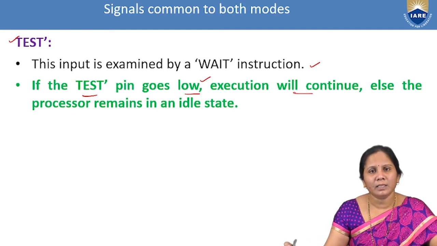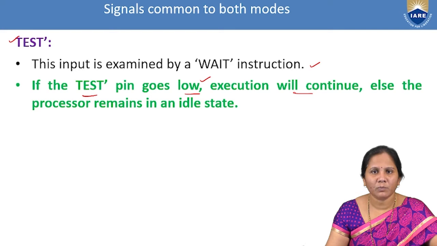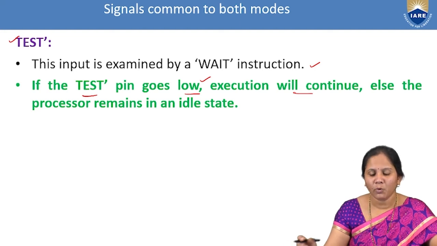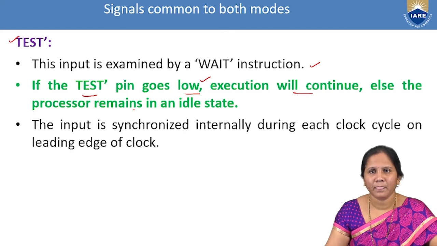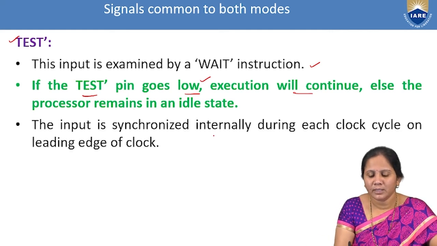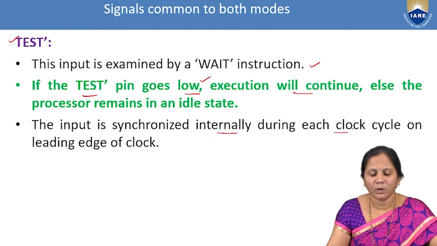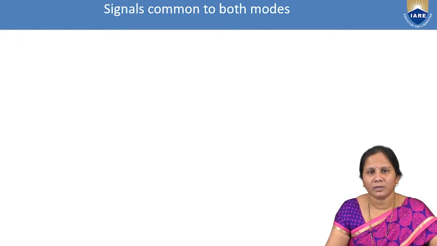Otherwise, the microprocessor will be idle, that means it is not going to execute any instruction. It will execute instructions only if this test bar pin goes low. This input is synchronized internally during each clock cycle on the leading edge of the clock.